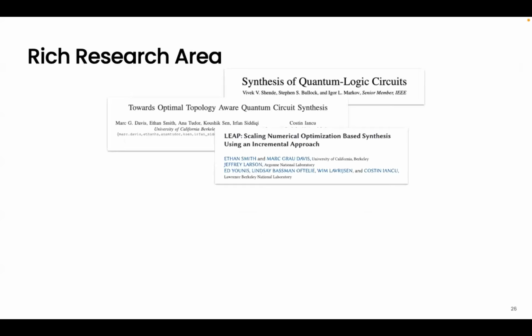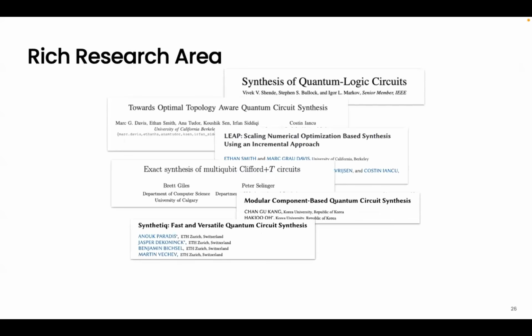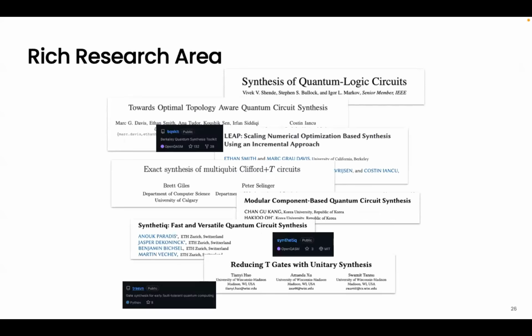And like I mentioned, this is nice because it's a really rich research area with a lot of papers that try solving this unitary synthesis problem, and they come with these open source tools. And so even though people study this problem for a separate reason, it's nice that we can use their tools for circuit optimization.